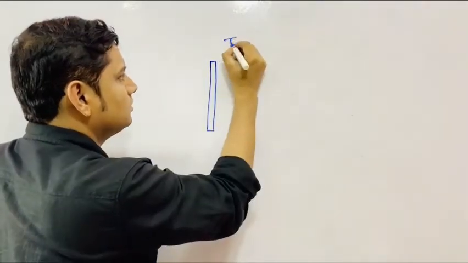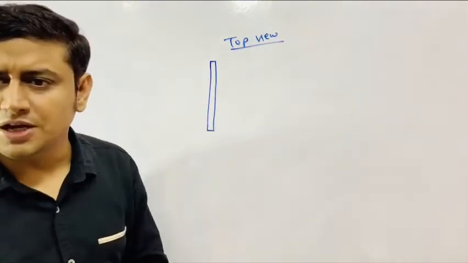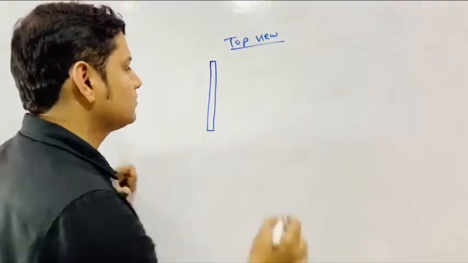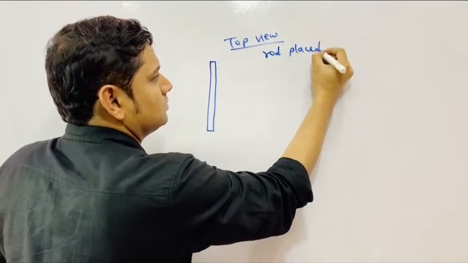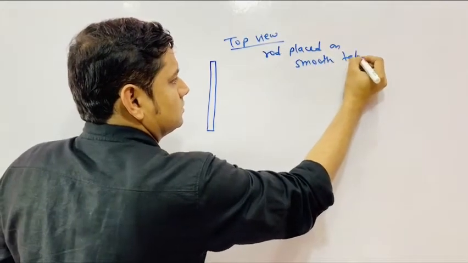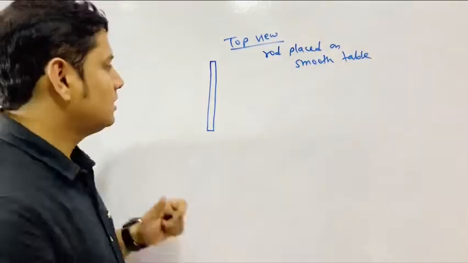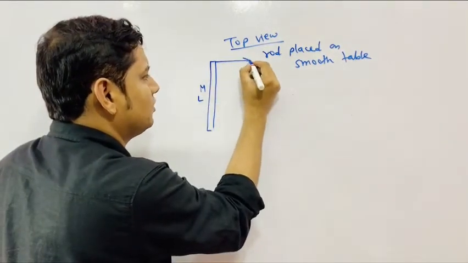This is the top view. This is a rod placed on a smooth table, mass m, length L. And suppose I pull it by a force F0 here.